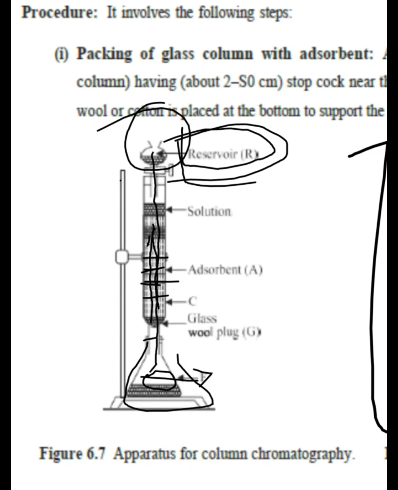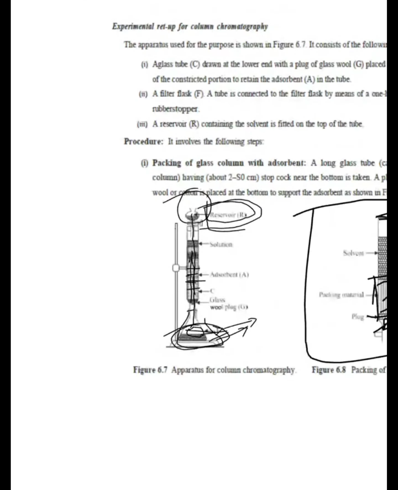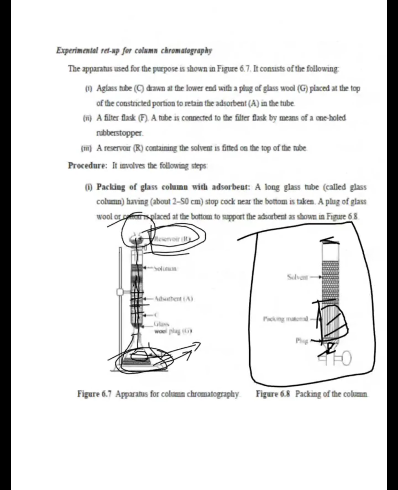We evaporate the solvent and collect the different samples. This is the basic technique used in column chromatography. We are going to study this experimental setup, and here we use a glass tube.